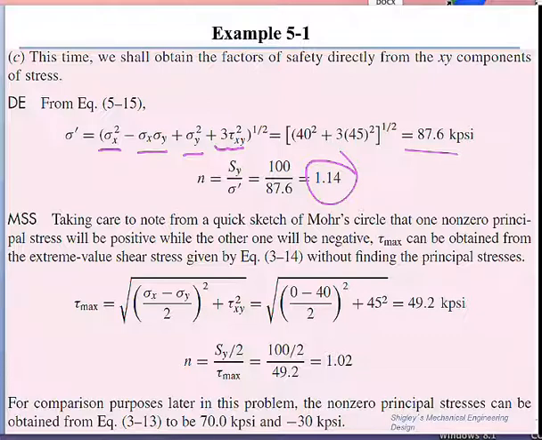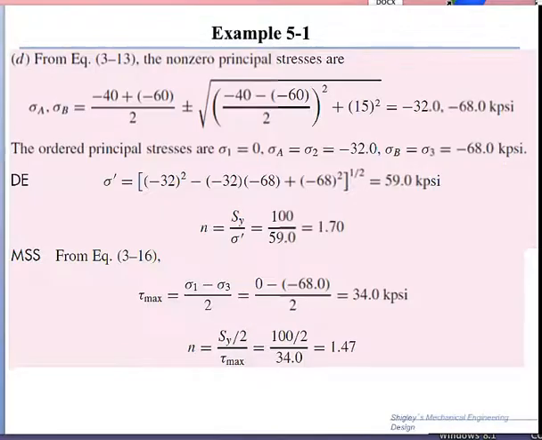Now, when we come to maximum shear stress, then we also have to use the Mohr circle equation for the radius of the Mohr circle, given that we have sigma x, sigma y, and tau xy. And that gives us a factor of safety of 1.02.